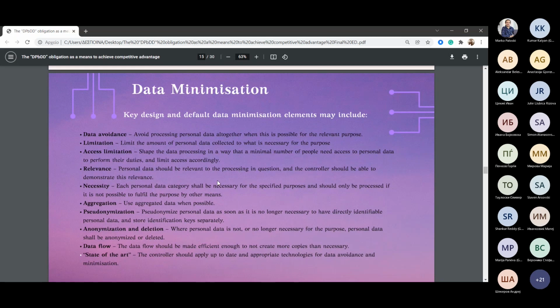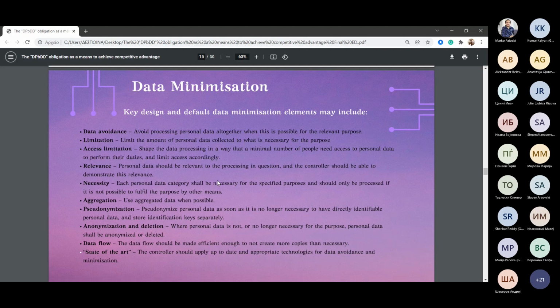That means that here, the principle also of necessity is being operationalized. That means that the data that must be processed is only the data that is adequate, relevant, and limited to the necessary extent for the purpose.